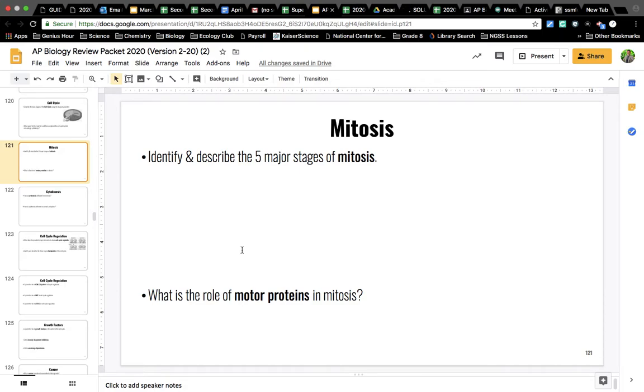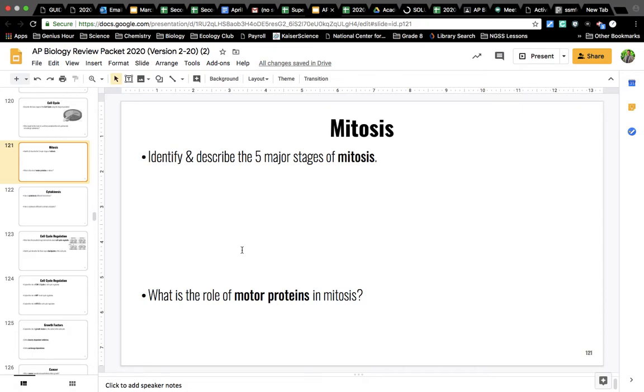And then the final stage is we have cytokinesis, where the cytoplasm and everything kind of pinches off, and we have two cells. So you should be able to, in a way, draw, label, and describe that whole process.